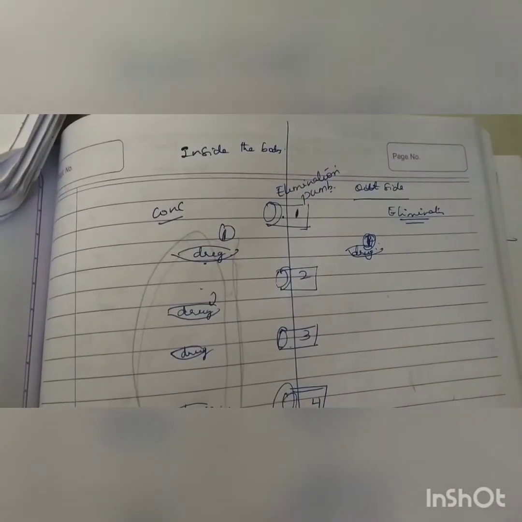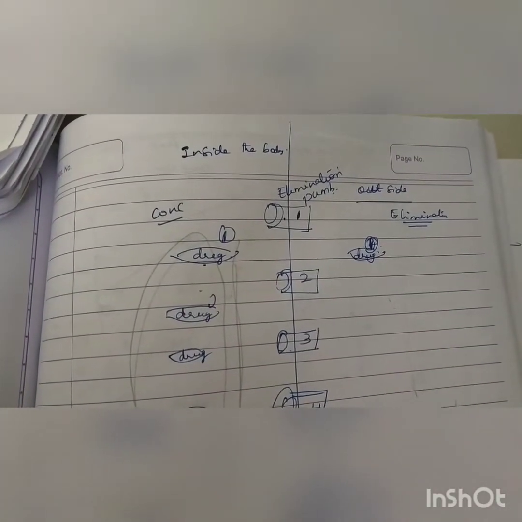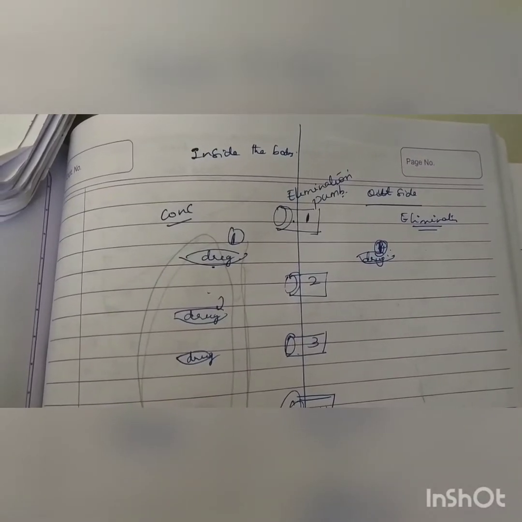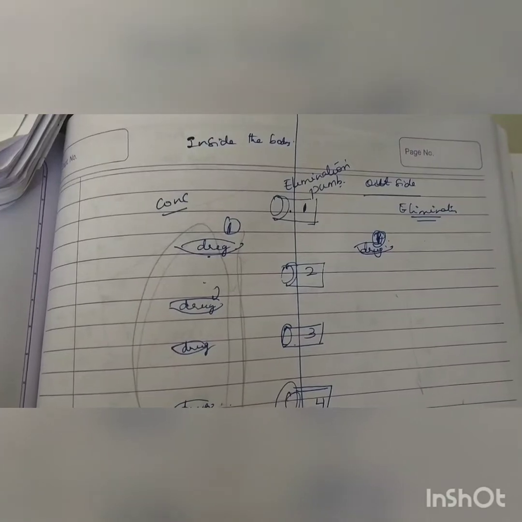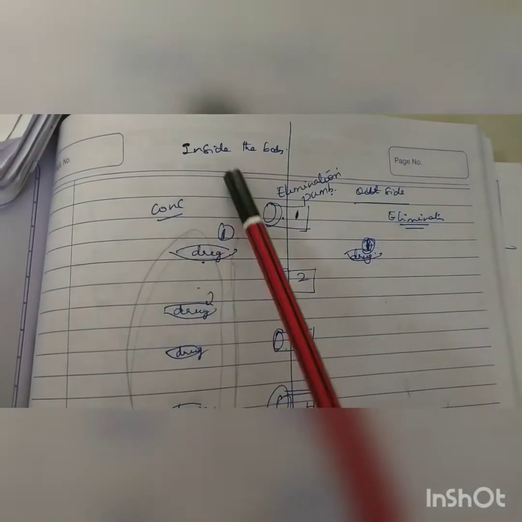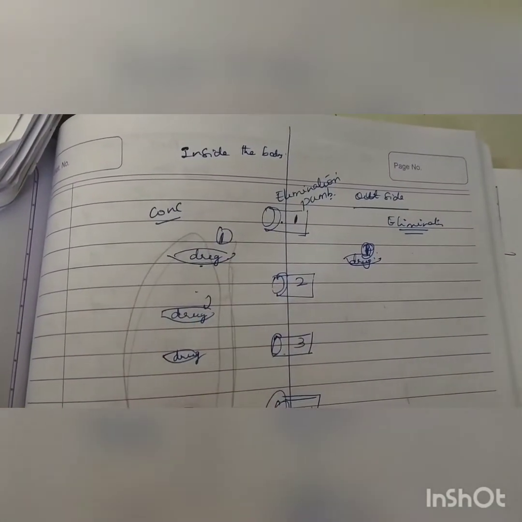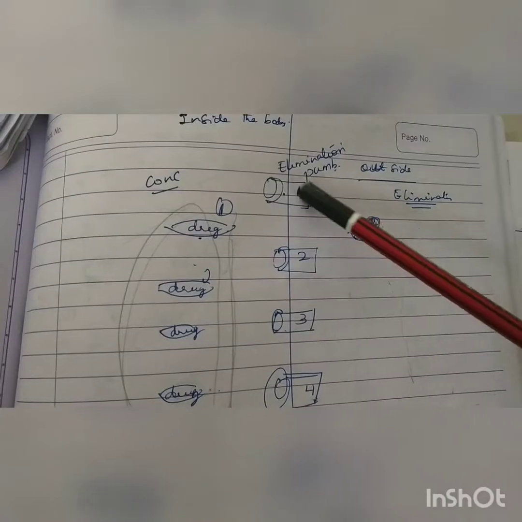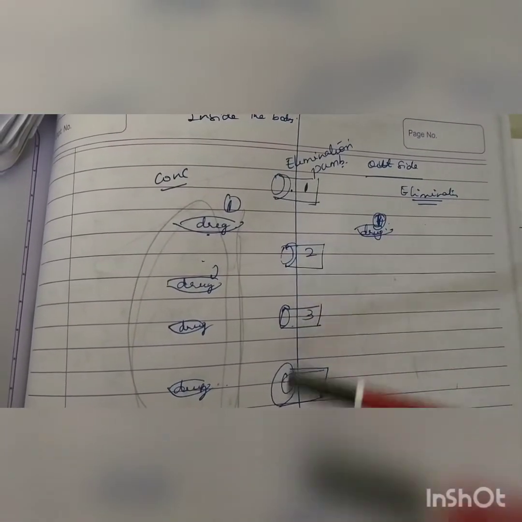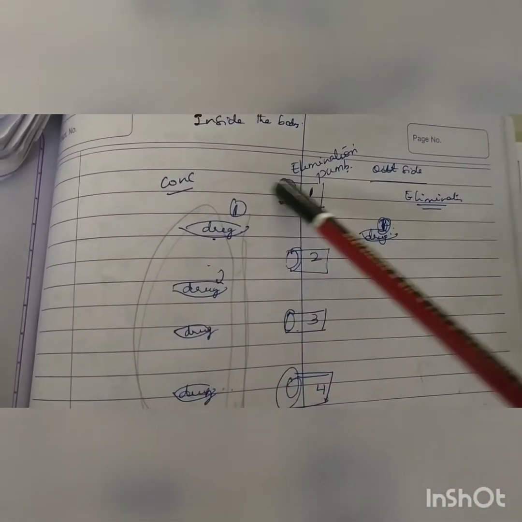This is a small illustration to help you understand the difference between a zero order reaction and a first order reaction. Consider this side as inside the body, and this side as outside the body. Now I have 4 elimination pumps.